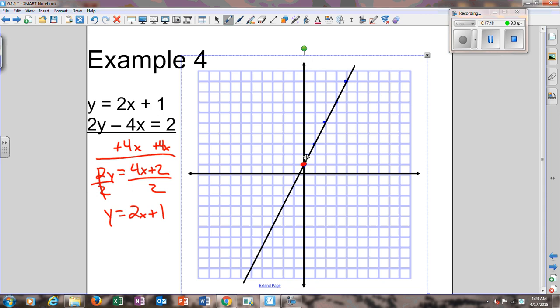So we go up 1, make a dot. Up 2 over 1. Hope you've all seen this at least by now. It's forming the same line. Whenever they form the same line, there's infinite solutions. And that's going to be your answer.